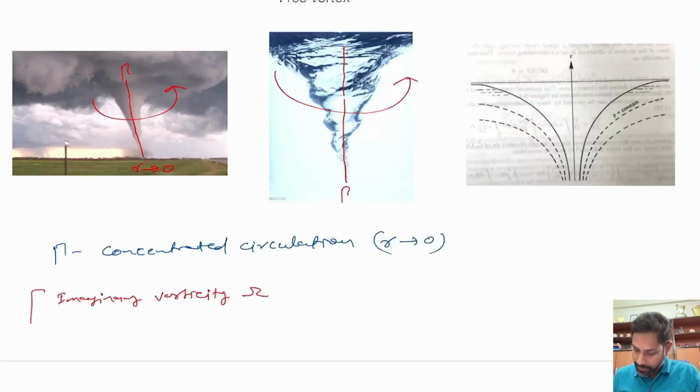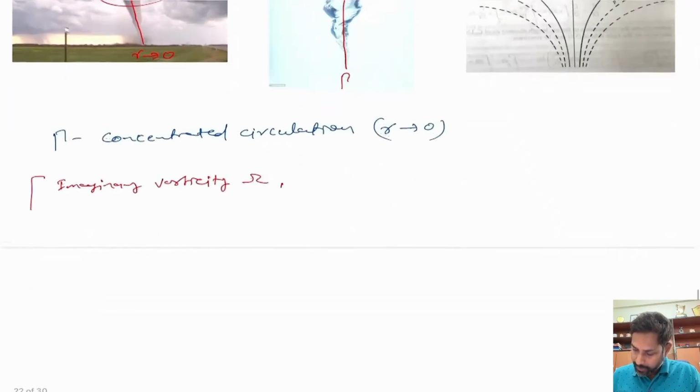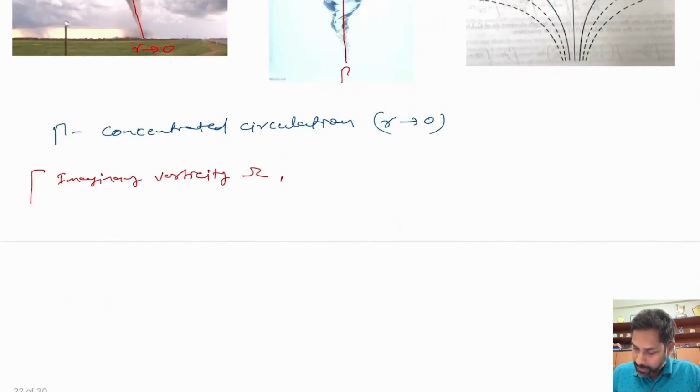So let's assume there is some vorticity omega that will give us angular velocity w as omega by 2, as you remember, and this gives us velocity as omega r. That actually means u theta is equal to omega r over 2.